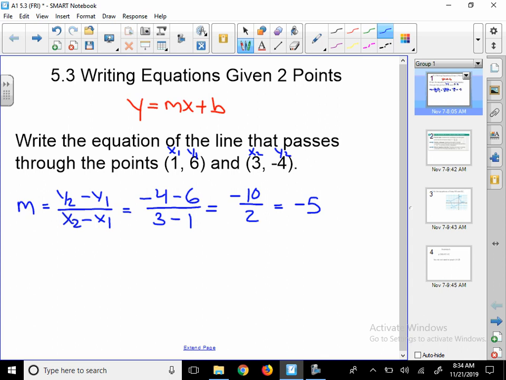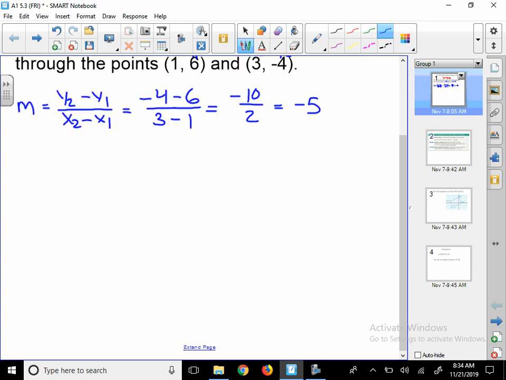So I have a slope of -5, which means I can write the equation y equals -5x plus b. Now, this should be right where I left you guys off yesterday. And we can use one of our points. Now, it does not matter whether you choose (1, 6) or (3, -4), but we need to plug in one of those points.